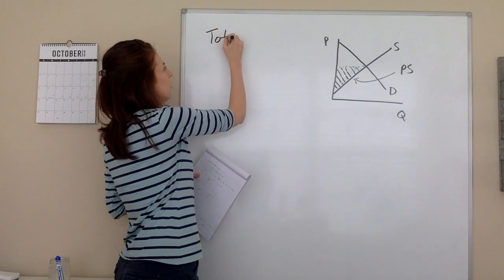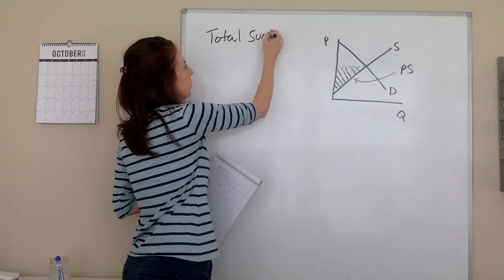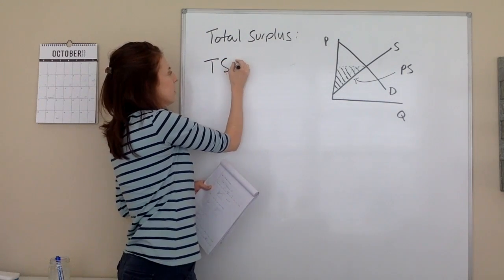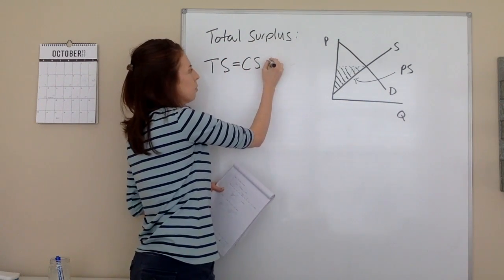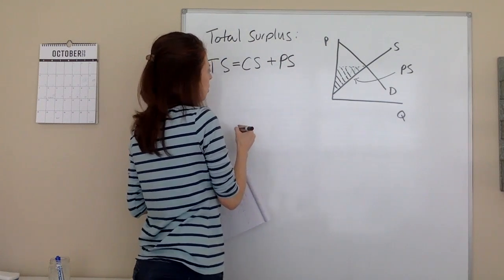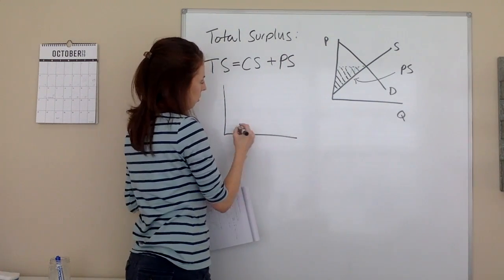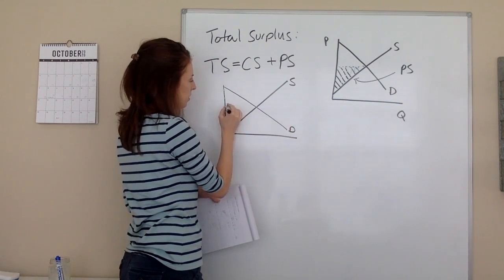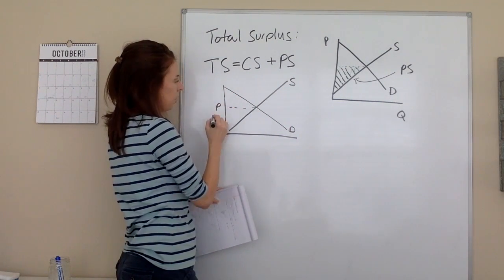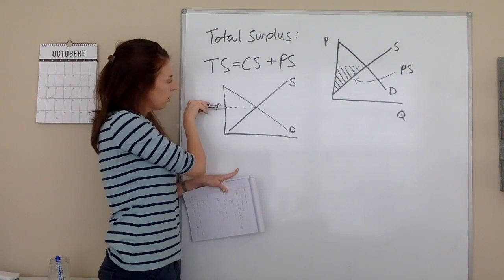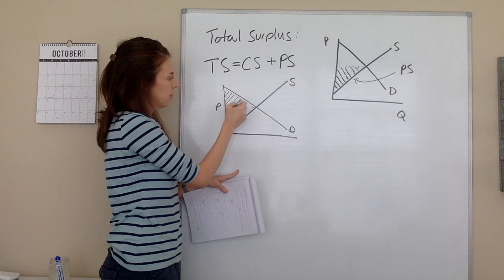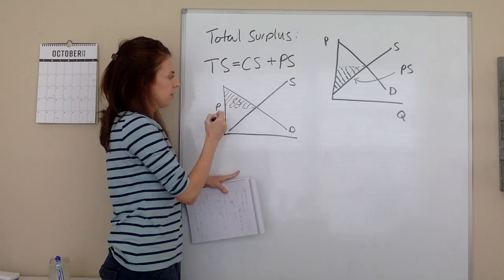So total surplus, we're going to call this TS, is equal to consumer surplus plus producer surplus. So in the graph, what we've got here is our supply and our demand. There's going to be some equilibrium price in the market. Well, we know that everything above the price and below demand is consumer surplus.